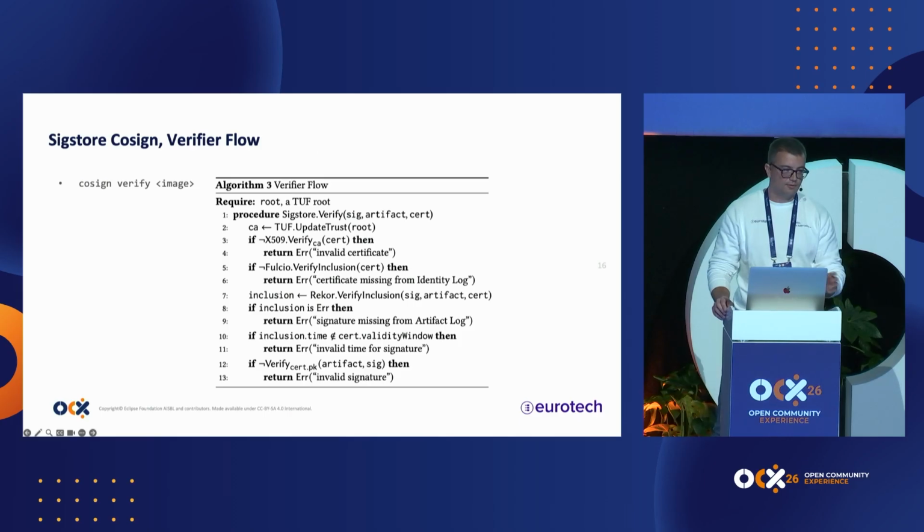Final checks are just for verifying that the signature was created during the time validity window of that certificate. Everything is hidden in the cosign verify command, so it's very simple to use. And yeah, this one that I showed you is the keyless flow, which is the most interesting one. But you can configure Cosign to leverage your own PKI and key management system.